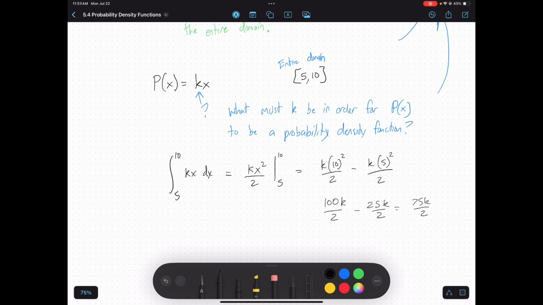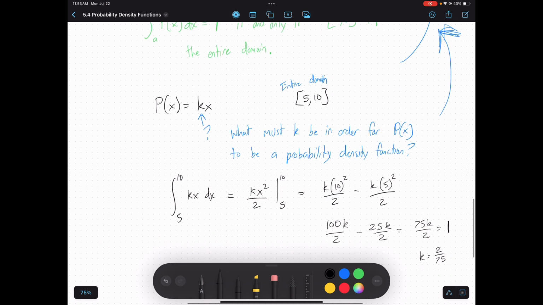And what do we want this to equal again? We want this to equal 1. So now I can just solve for k, and k is equal to 2 over 75. Therefore, in order for this to be a probability density function, this has to equal 2 over 75 x. K has to equal 2 over 75. And now it's a probability density function.